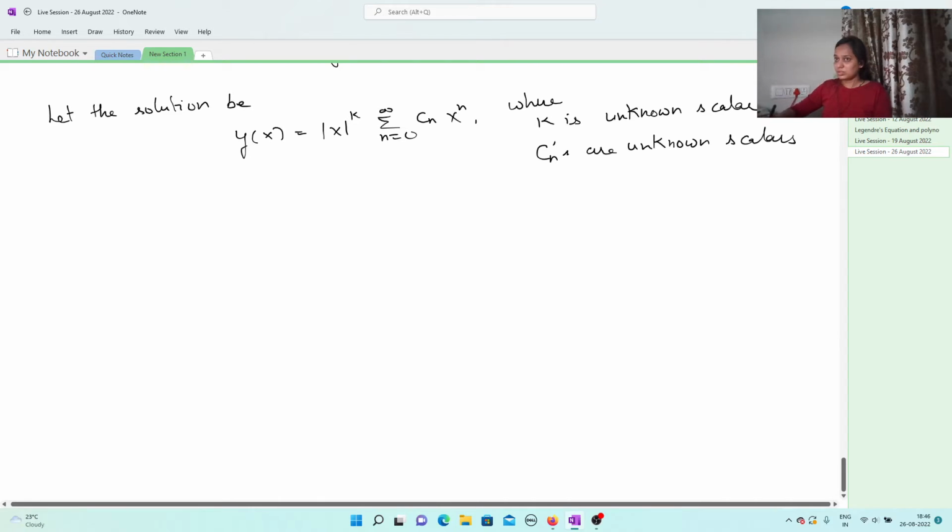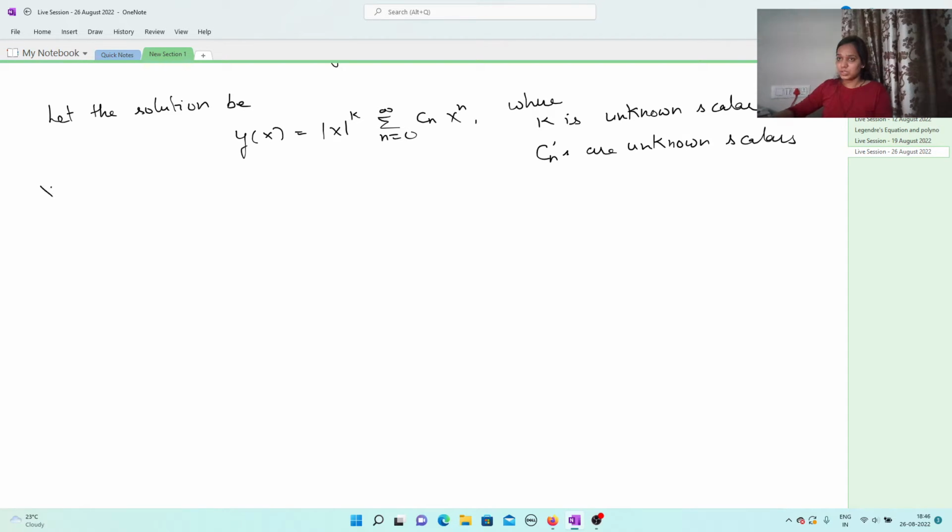Okay. Now for x greater than or equal to 0, what we can write? Mod of x to the power k as x to the power k. So the solution y of x becomes x to the power k summation n equals 0 to infinity Cn x to the power n.